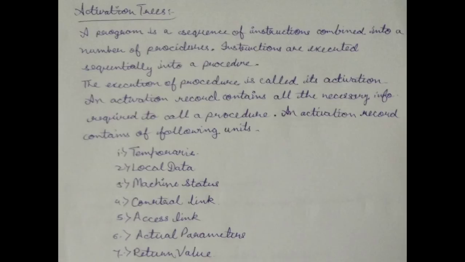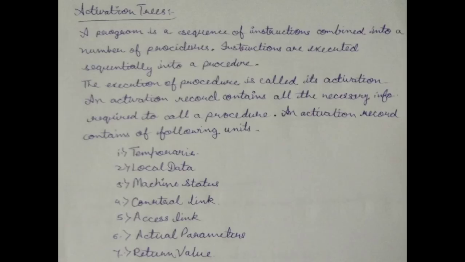Local data stores the data for a particular scope of a procedure. Next is machine status. Machine status stores the values of address codes and the jump codes into a separate address. Fourth is control link. It maintains the link of control between the different procedures. Fifth, access link. It defines the access of the program for different procedures.